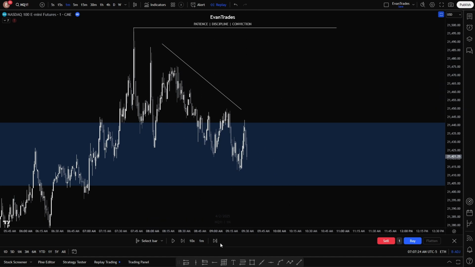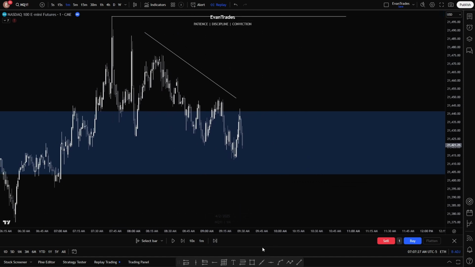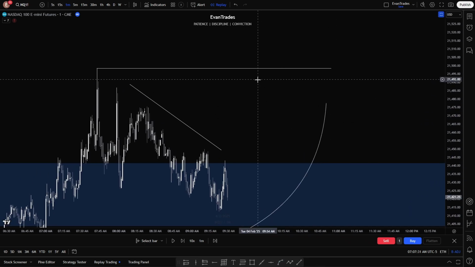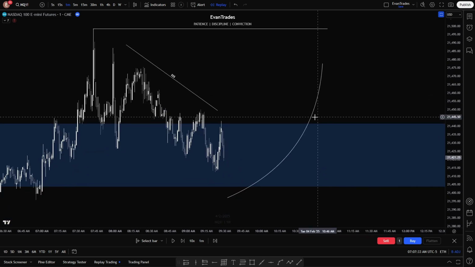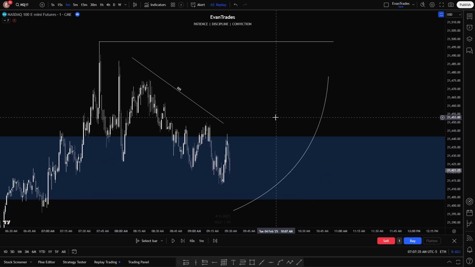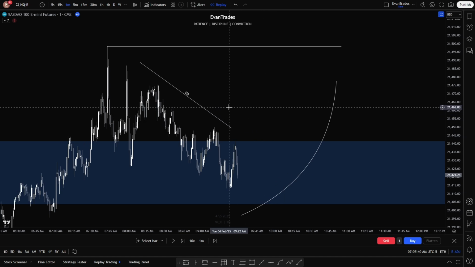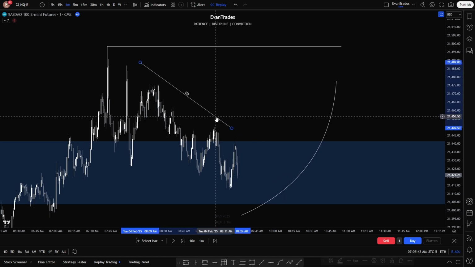All these stacked highs right here. And we have a potential market maker buy model that also aligns with our 15-minute market maker buy model and our 4-hour market maker buy model. So we're aligning 3 models, ladies and gentlemen. We're aligning 3 models. This is precision right here.